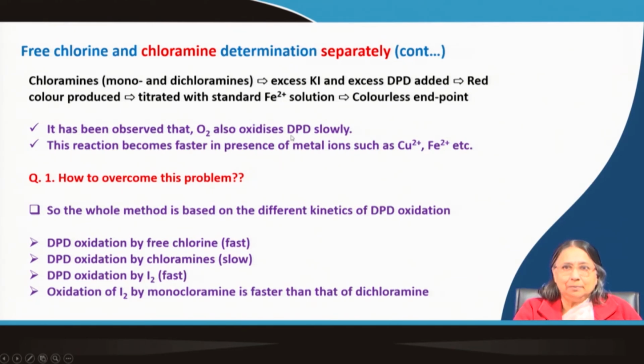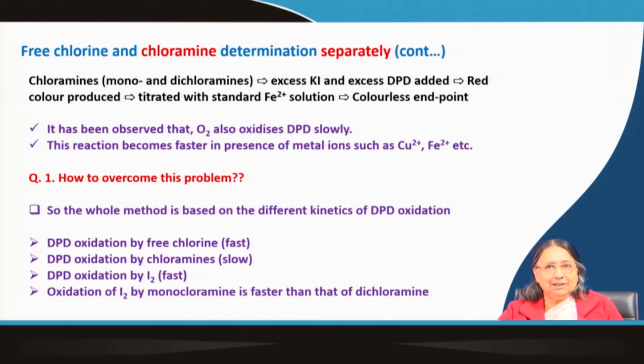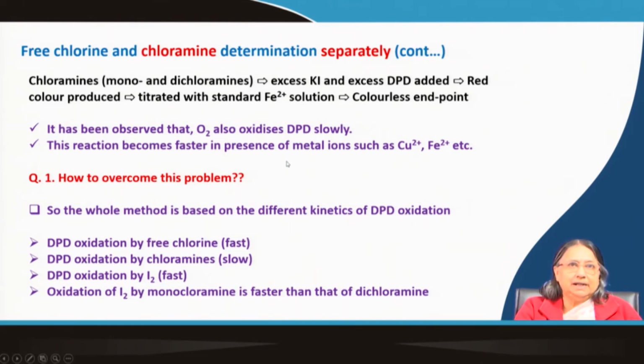So oxygen will not hamper, because titration in a nitrogen atmosphere or some other inert atmosphere is not possible. You have to allow oxygen, but this way the error is minimized. How to overcome this problem? I have not written the answer, but I told the answer.